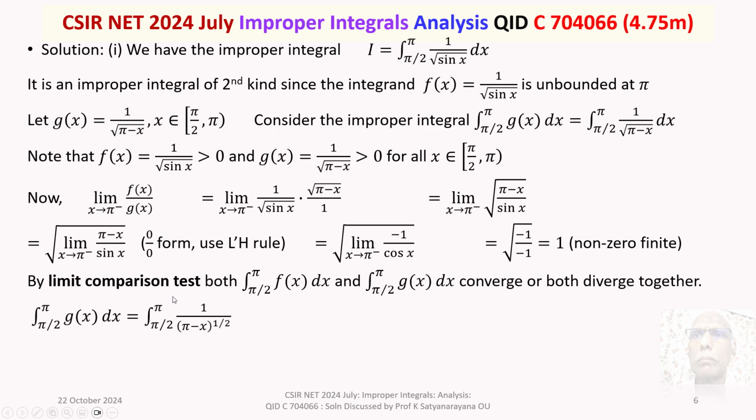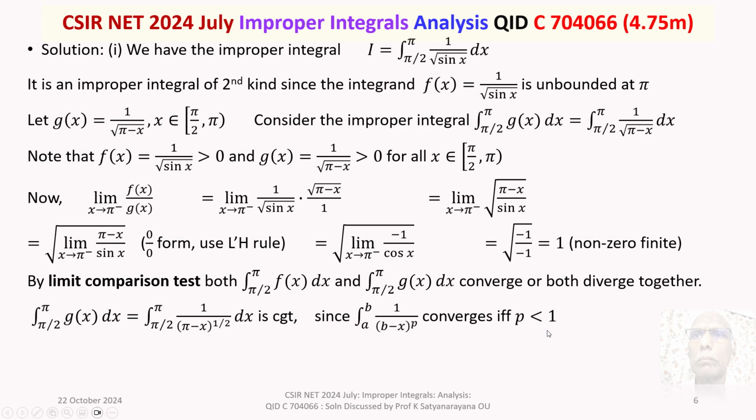That is the integral of 1 by pi minus x root of pi minus x, which I have written as pi minus x to the power of 1 by 2, dx. And it is convergent. Why is it convergent? Because the integral from a to b of 1 by b minus x to the power of p converges if and only if p is less than 1.